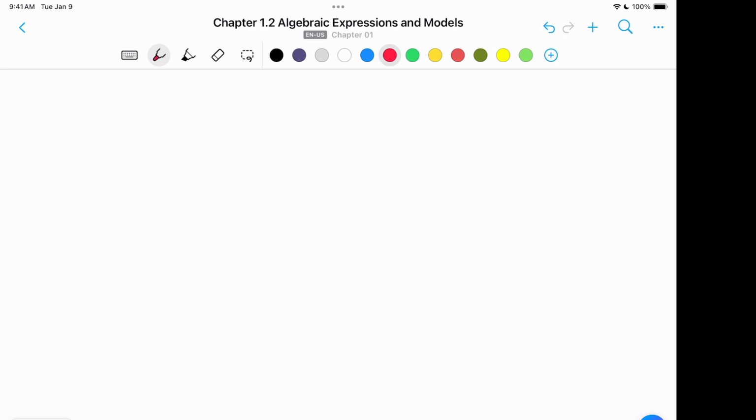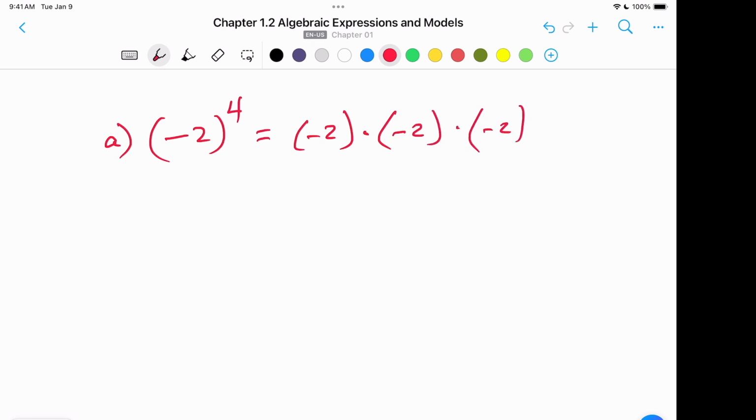Let's start with the first one here, A. This is -2 in parentheses to the fourth power. Now everybody knows what exponents are. If you haven't, you probably want to go back and brush up on them. It's the same as -2 times -2 times -2 times -2, 4 times: 1, 2, 3, 4.